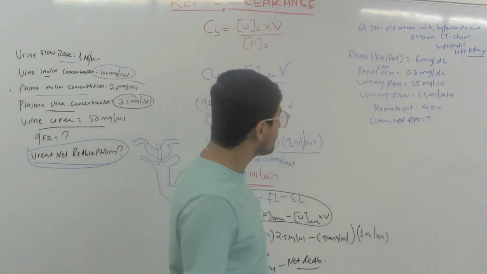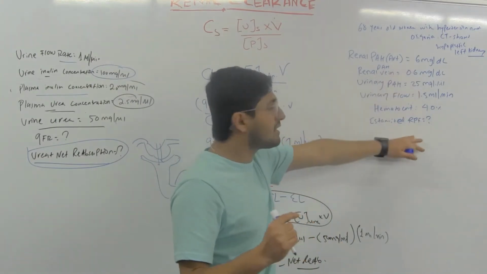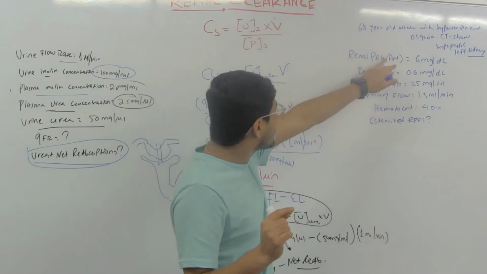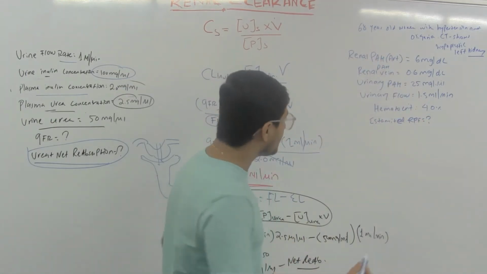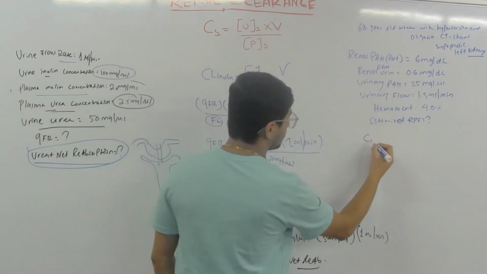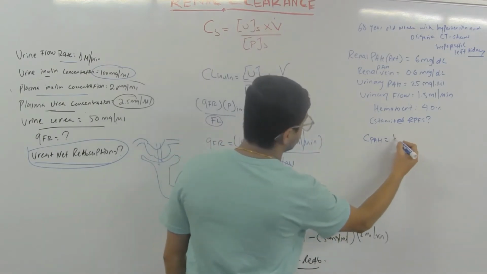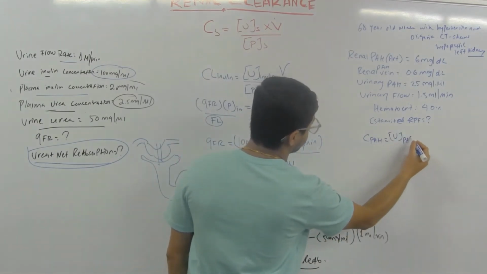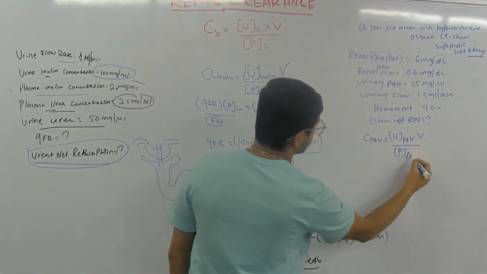Probably not, right? Because remember, for renal plasma flow, we use para-aminohippuric acid to estimate the renal plasma flow. So all we do is use the same equation here, guys. We do the clearance of PAH, which is equal to the urine PAH times the volume over my plasma PAH.